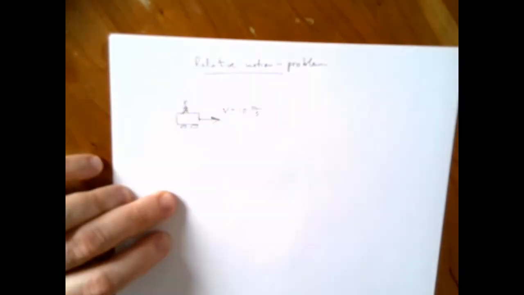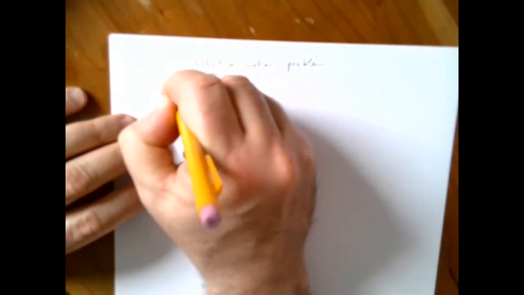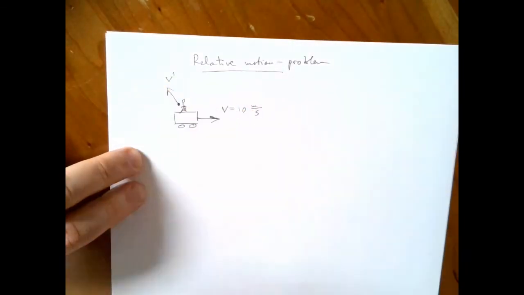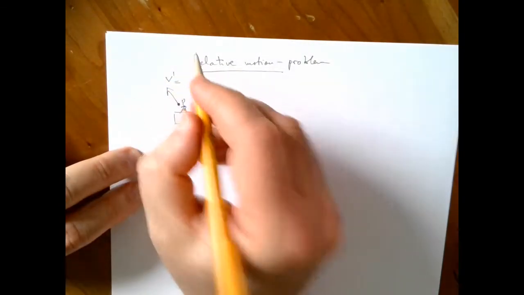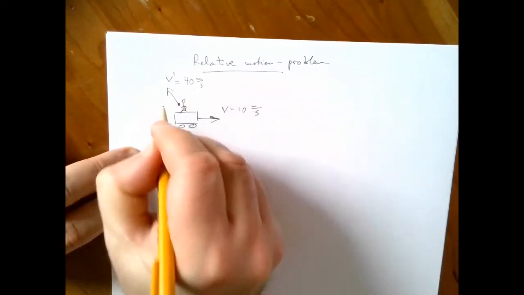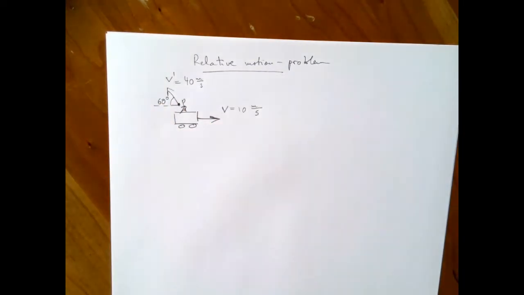There is a person in the truck throwing a baseball at an angle with a speed of 40 meters per second at an angle of 60 degrees with respect to the horizontal.